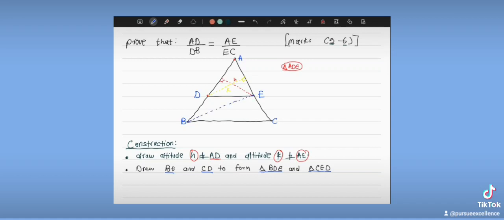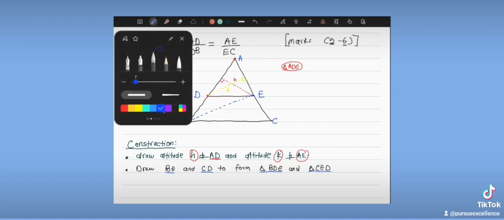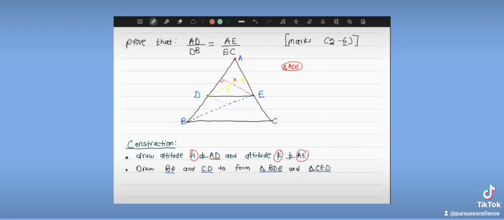Then after that, I'm going to join this CD. I move from C to D, so as to form the triangle. So you can see that now I have this triangle, which is BDE.